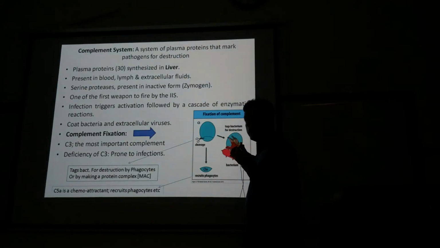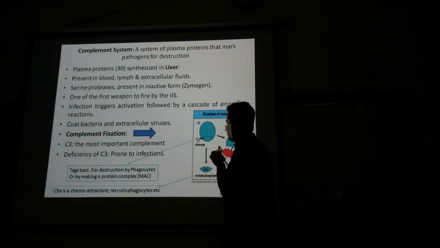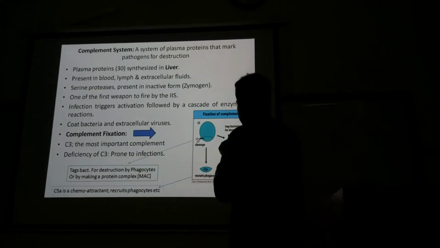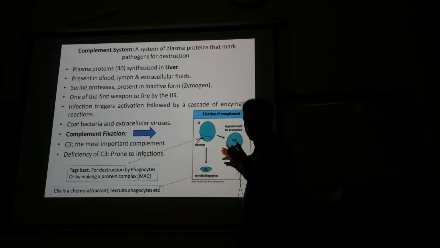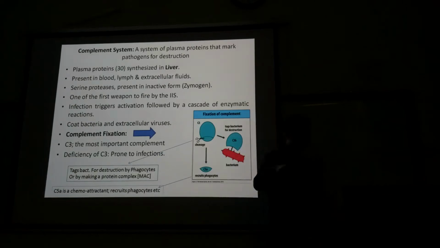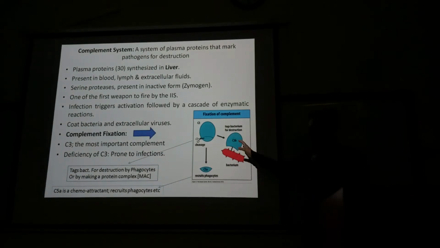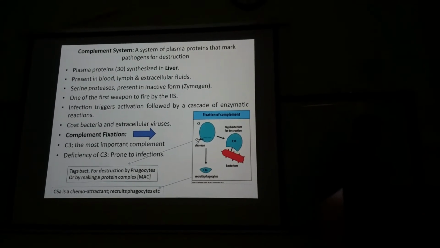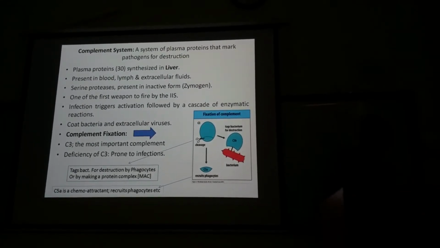It becomes covalently attached with the surface of the pathogen, and the smaller part recruits phagocytic cells or other cells of the immune system to come to this site of infection and play their role. Okay, so the phagocytes would come in this picture later when we discuss the role of the phagocytes, but this was just about the importance of C3.